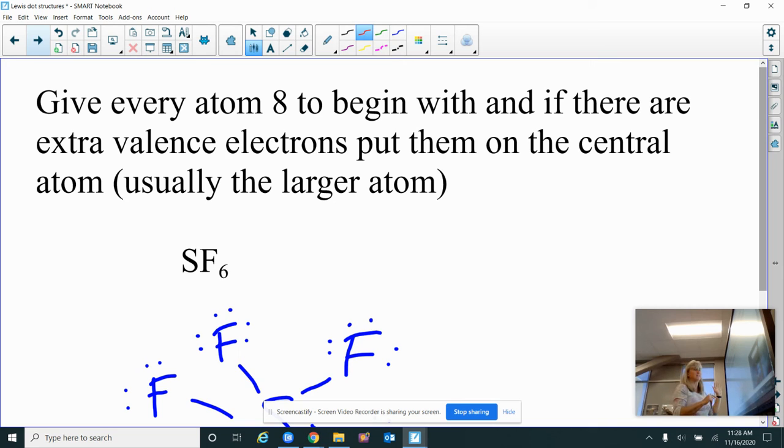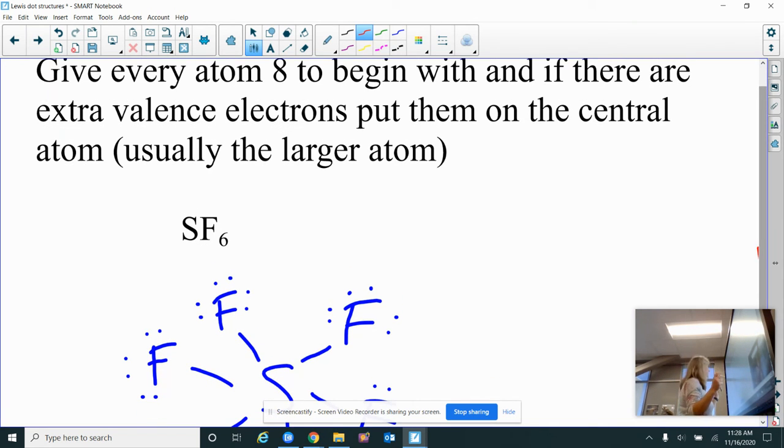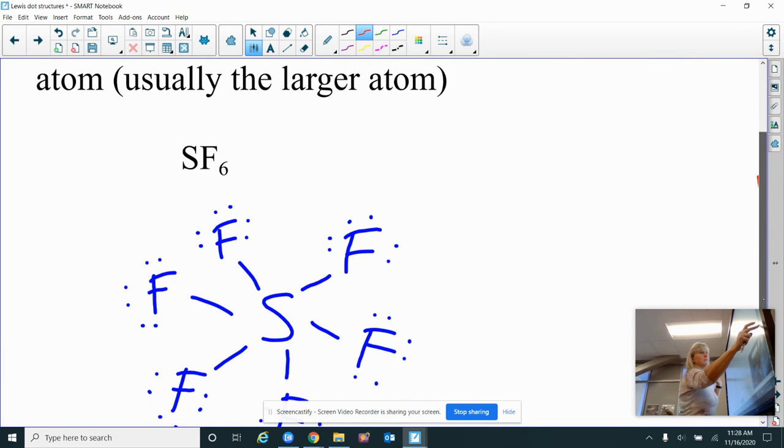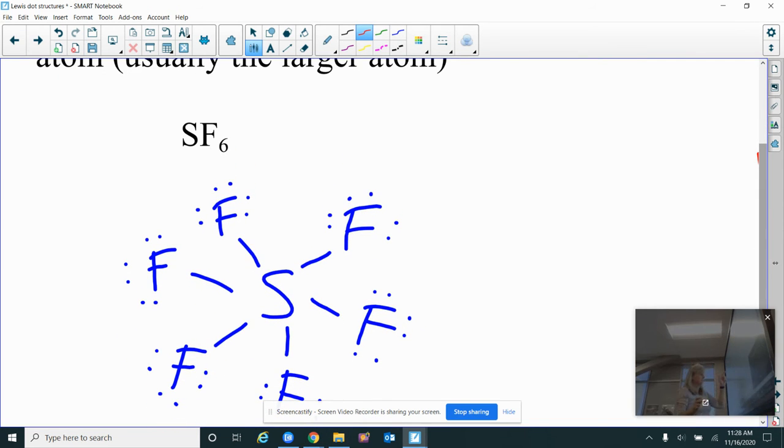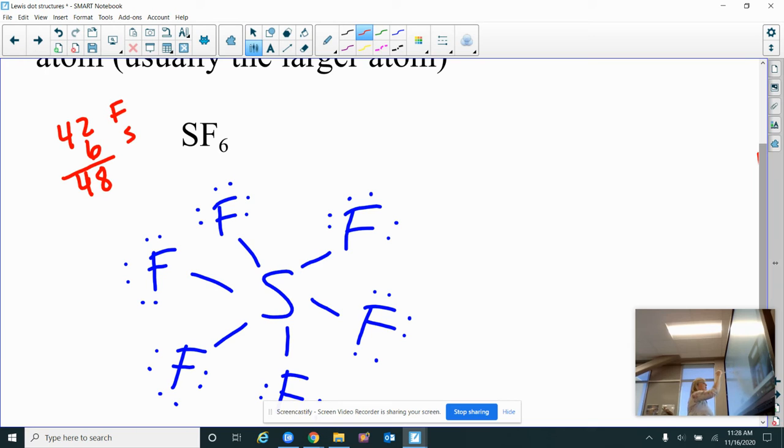So SF6 is another example. It's a real thing, sulfur hexafluoride. And if we put the sulfur in the center and the 6 fluorines around it, we'll count up our valence electrons. 6 times 7 is 42, plus 6 more for sulfur is 48. So we have 48 valence electrons from sulfur and fluorine.